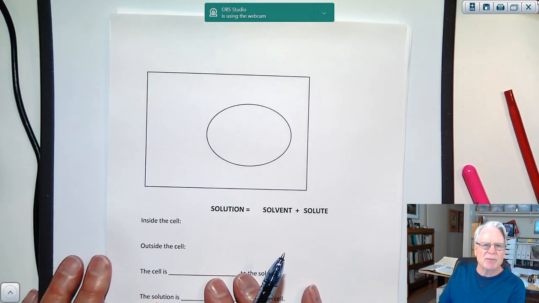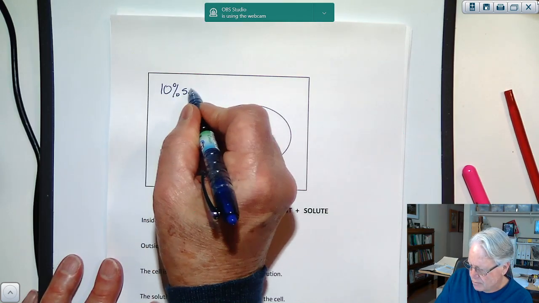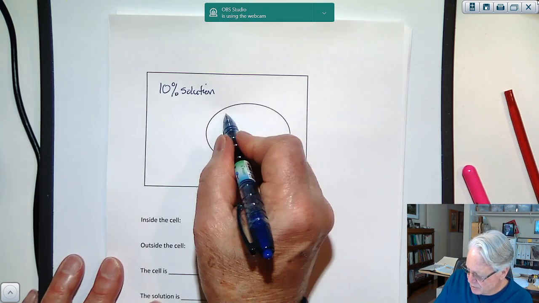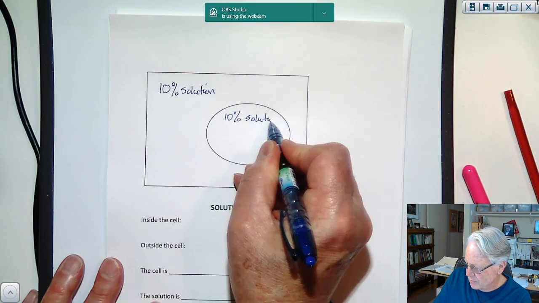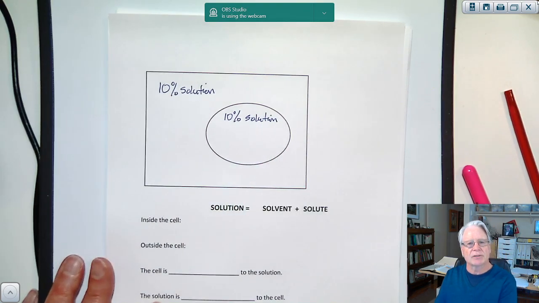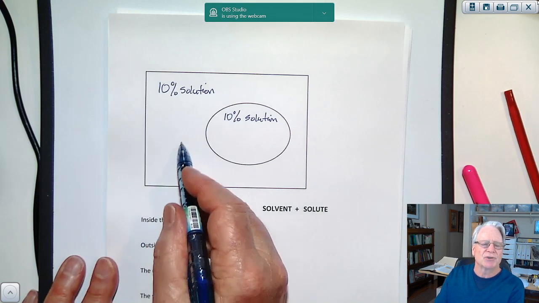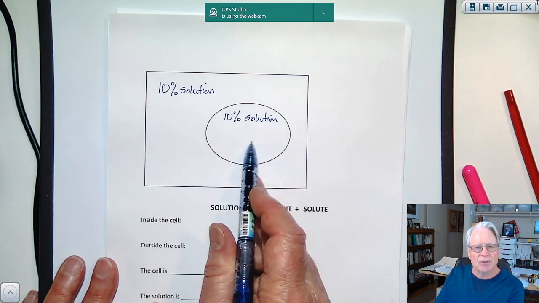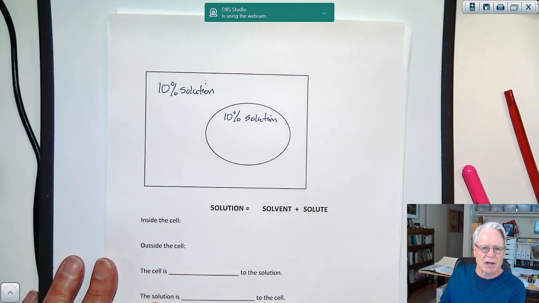And I'm going to stipulate that I have a 10% solution here and a 10% solution here. So the concentration of solutes in the water surrounding the cell is the same as the concentration of the water in the cell. So there's no difference in concentration.